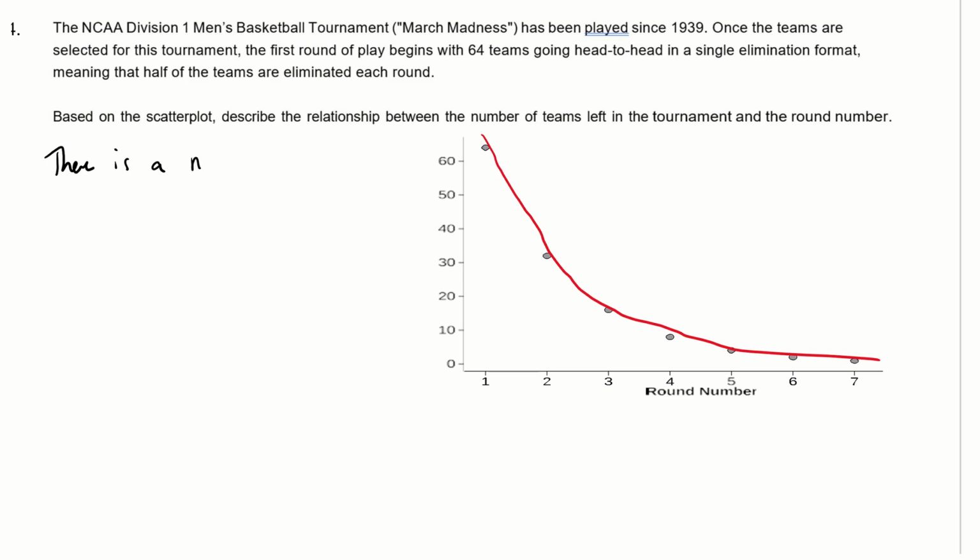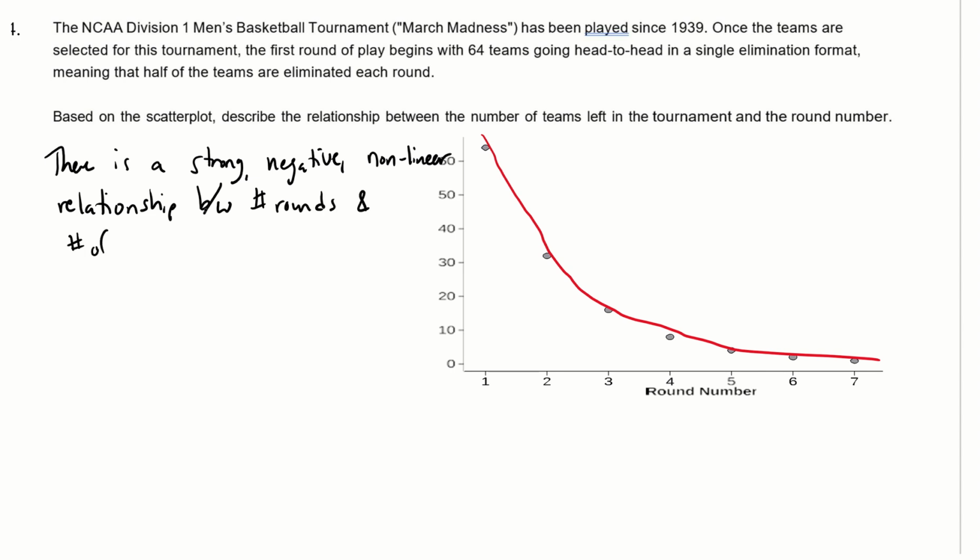All right, so we can say there is a strong negative non-linear relationship between number of rounds and number of teams left in March Madness, the basketball tournament, right?